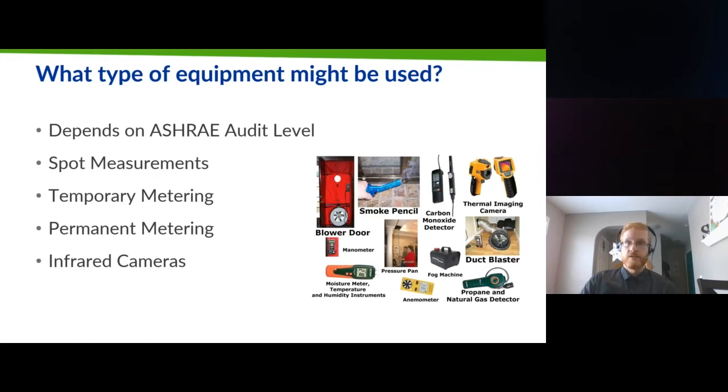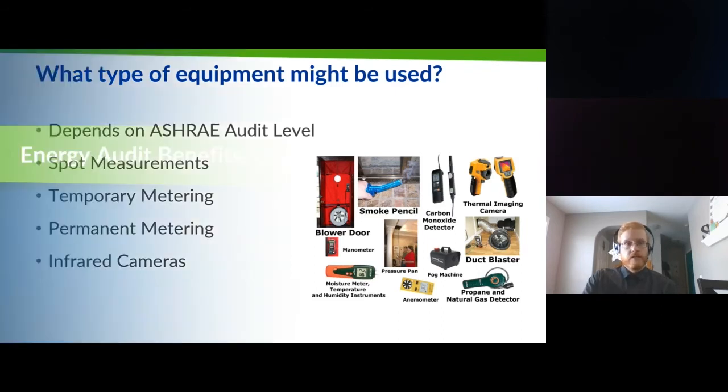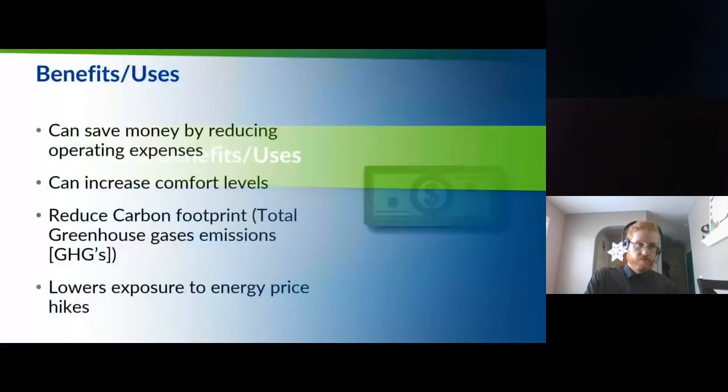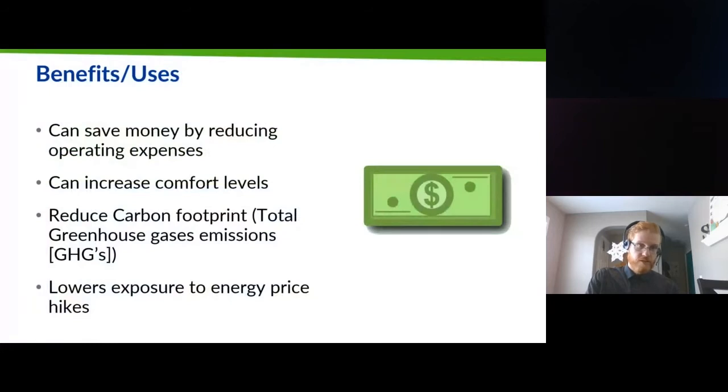So the next section I want to talk about are the energy audit, the benefits and the uses of them. So obviously, first one is it can save money by reducing operating expenses. So how much can it save?